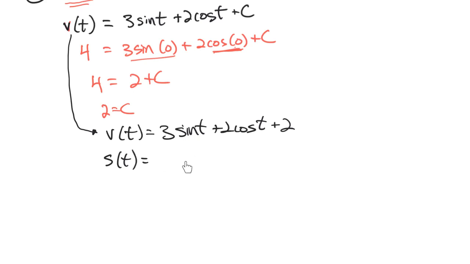Well, I can't put 3 cosine because the derivative of cosine is negative, so I need to put negative 3 cosine of t, right? Because the derivative of cosine is negative sine, so the derivative of negative cosine would be positive sine. So that's the part that is really easy to get tripped up with these trig functions when you take the antiderivative because we're used to the signs being the other way.